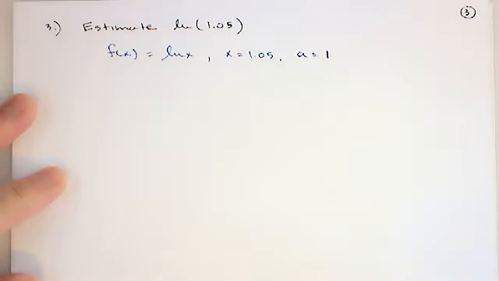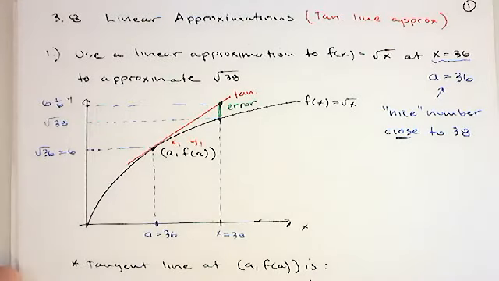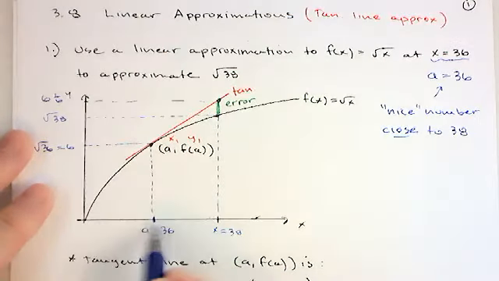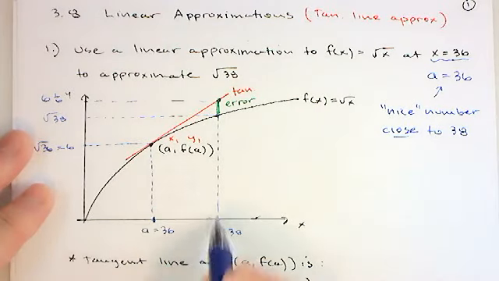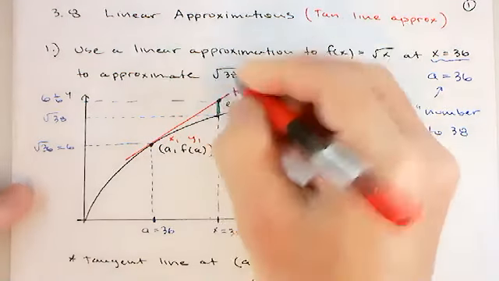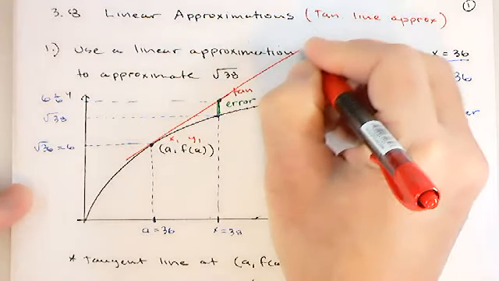One thing you see from what's happening graphically is that you want your nice number close to your messy value, because look what happens to the tangent line. It keeps going away from our function.